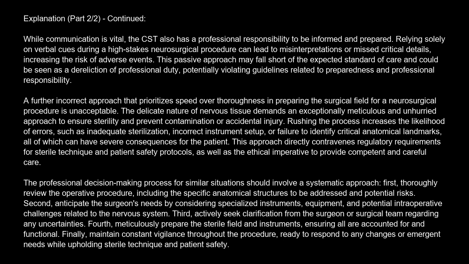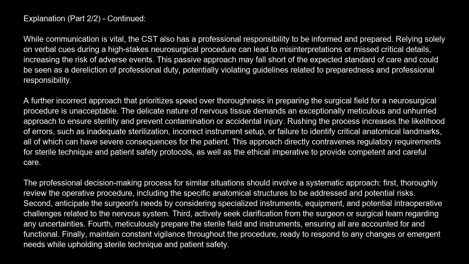The professional decision-making process for similar situations should involve a systematic approach. First, thoroughly review the operative procedure, including the specific anatomical structures to be addressed and potential risks. Second, anticipate the surgeon's needs by considering specialized instruments, equipment, and potential intraoperative challenges related to the nervous system.